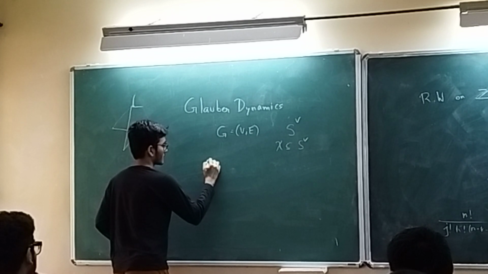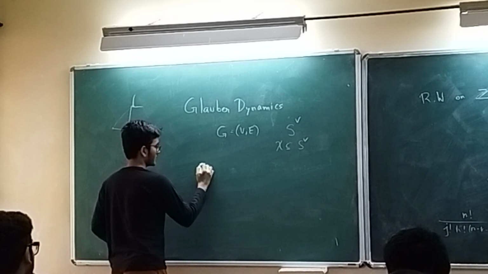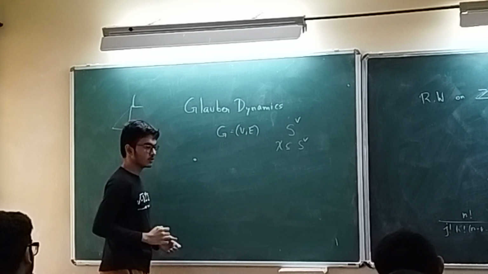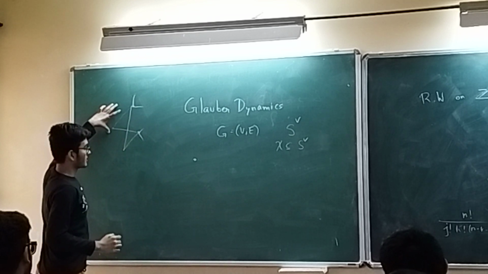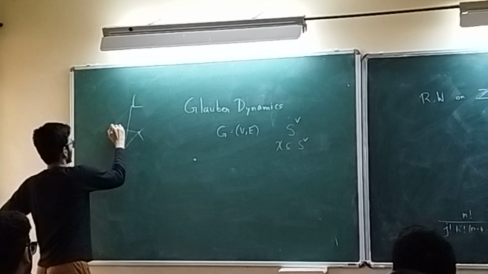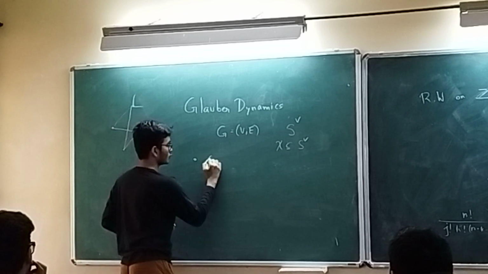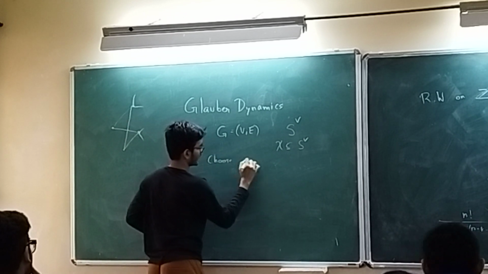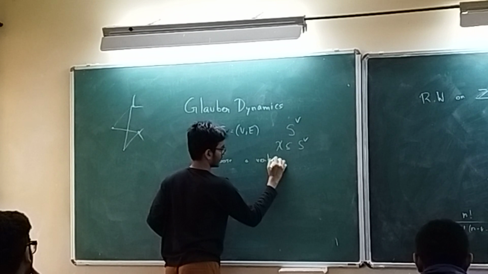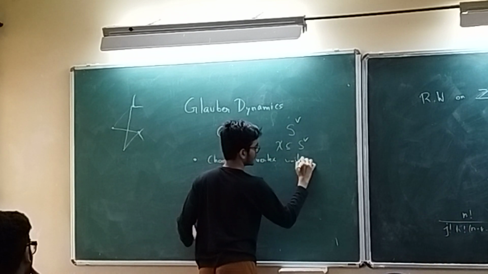Now, how do we describe this Markov chain? What I will do is first choose a vertex uniformly.